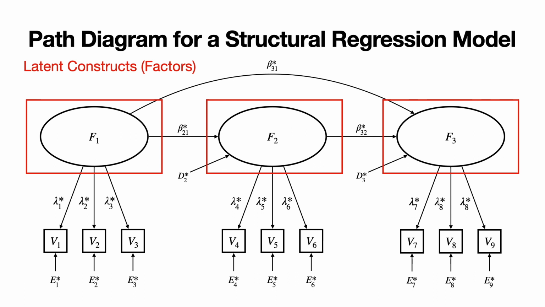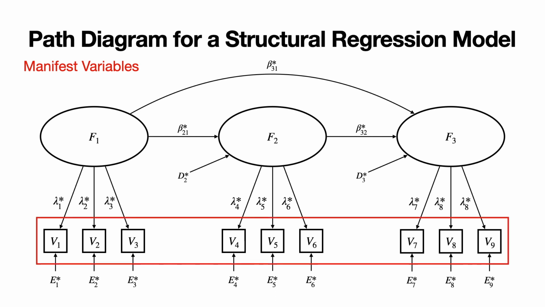And because there is a path from F1 to F3 through F2, not only does F1 get to impact F3 directly via the one-way arrow with slope coefficient beta 3,1, but F1 can impact F3 indirectly through the path that goes through F2.